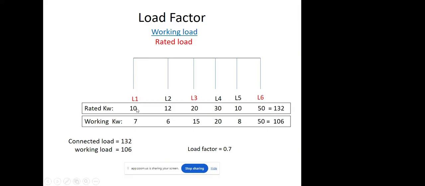But this motor is running at 7 kW. This is running at 15 kW. This is at 50 kW. So all put together, 106 kW actual load is there, whereas the rated will be total 132. So here the load factor is 106 divided by 132. So load factor is 0.8.